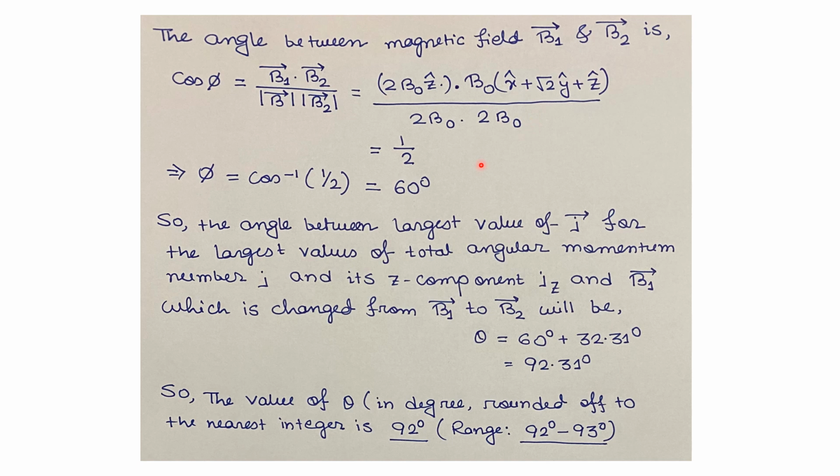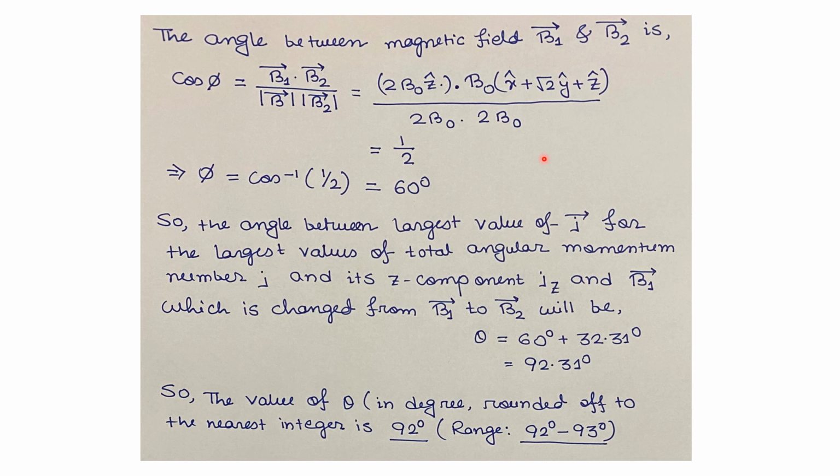So from here cos phi equals half. So phi will be cos inverse half, which gives us 60 degrees. So basically the B2 vector is making an angle of 60 degrees with the old magnetic field vector, B1.